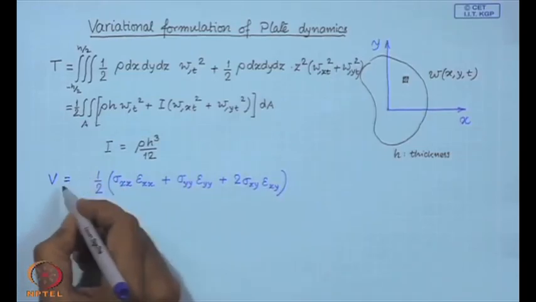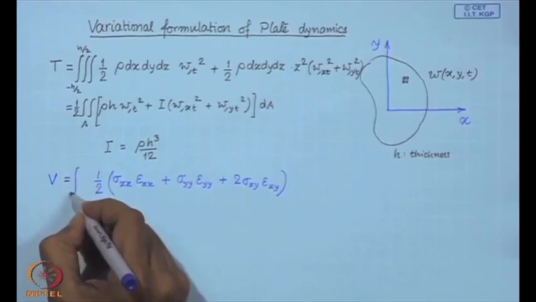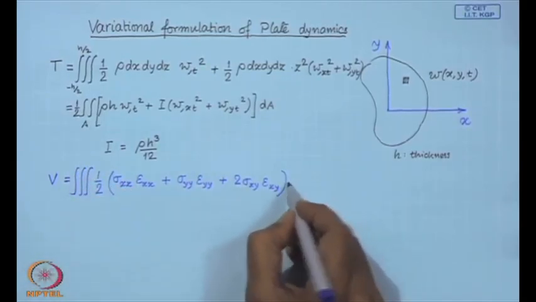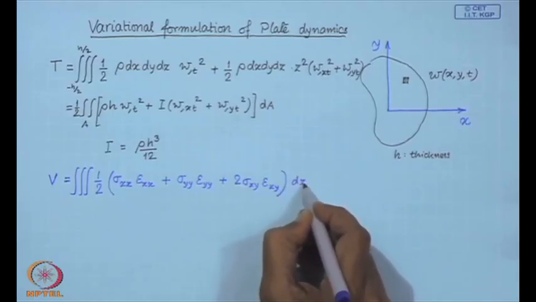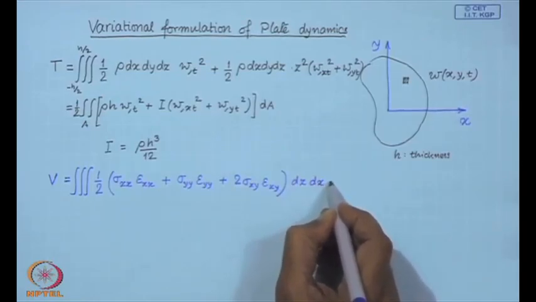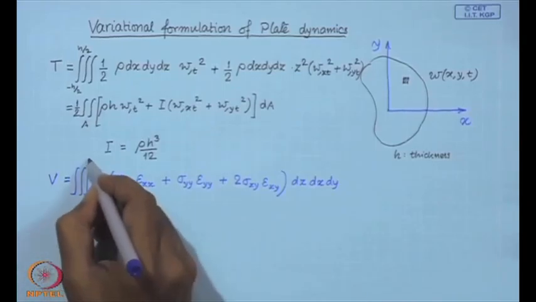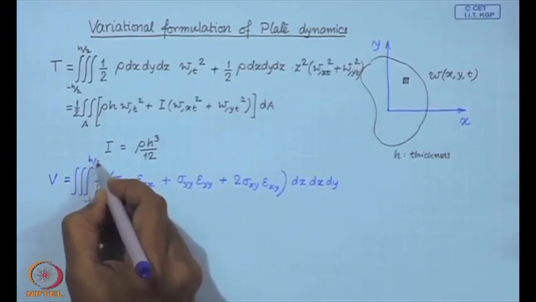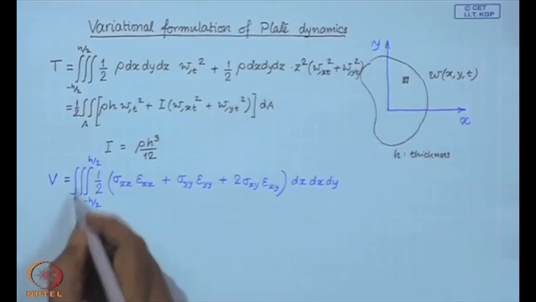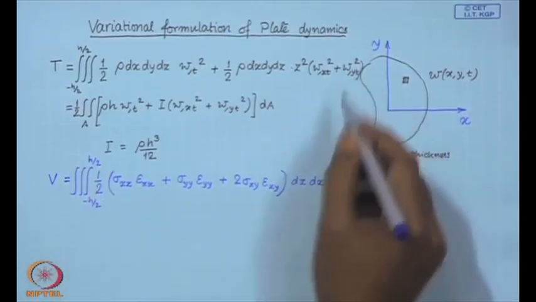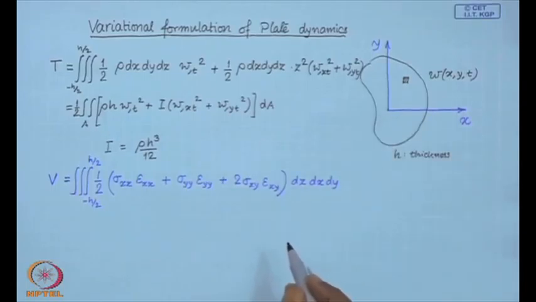Now I have to integrate again, where the thickness goes from minus h by 2 to h by 2 and x, y go over the domain of the plate.